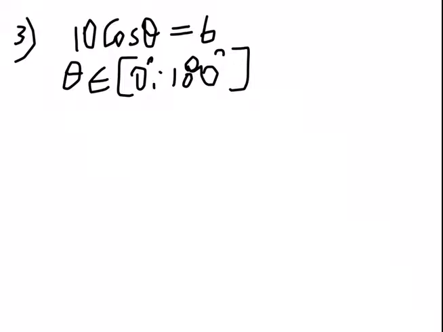They want you to find sine of an angle being added to cos of an angle. Same statement: if 10 cos theta equals 6 and theta is an element of 0 degrees and 180 degrees, calculate without the use of a calculator and with the aid of a diagram the value of sine theta plus cos theta.